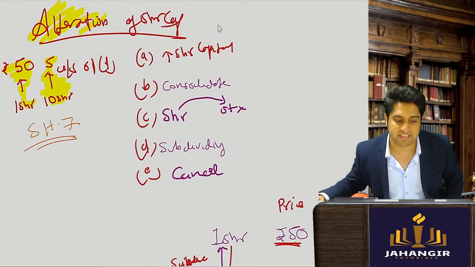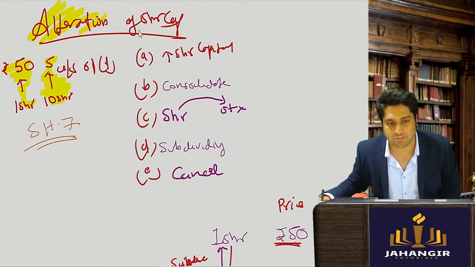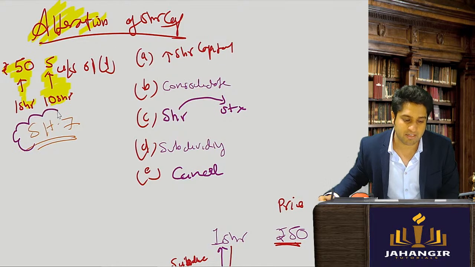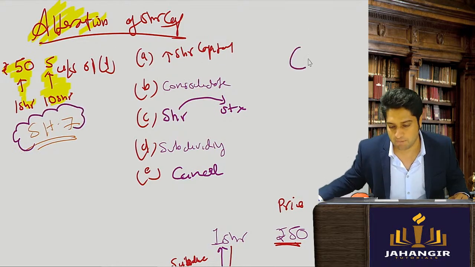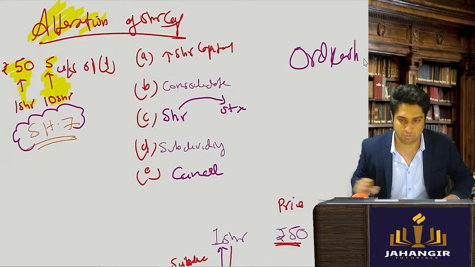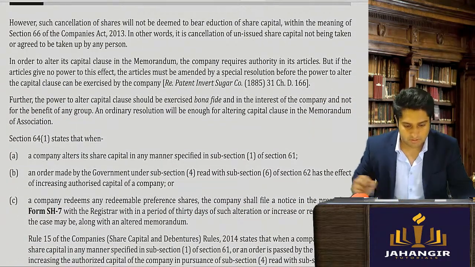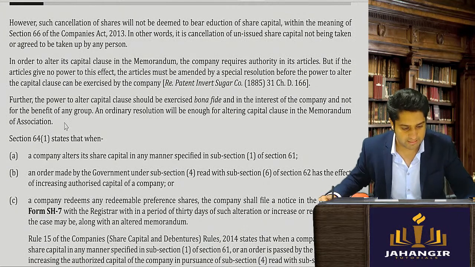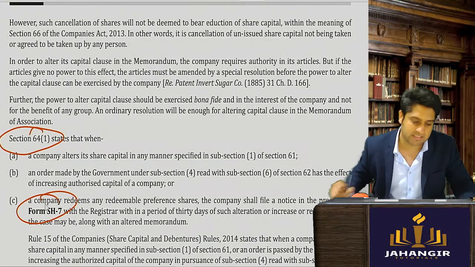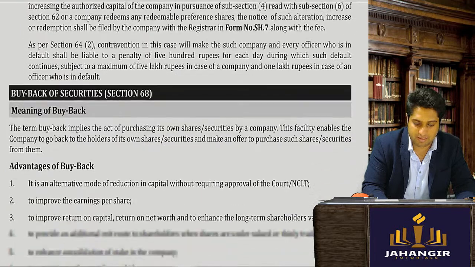So all this is treated as alteration of share capital. You have to inform the ROC in SH7 by passing an ordinary resolution. So these are the details. Section number 64 says that you have to file SH7.